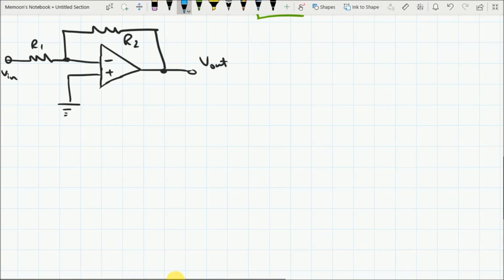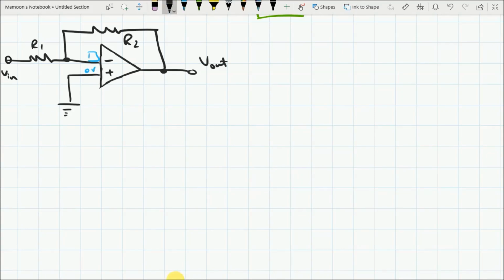This one. A 0 is definitely here. We don't know the voltage on the negative terminal at this point, but we are sure that at this positive terminal, there is a 0 volt, right? We all agree to that.